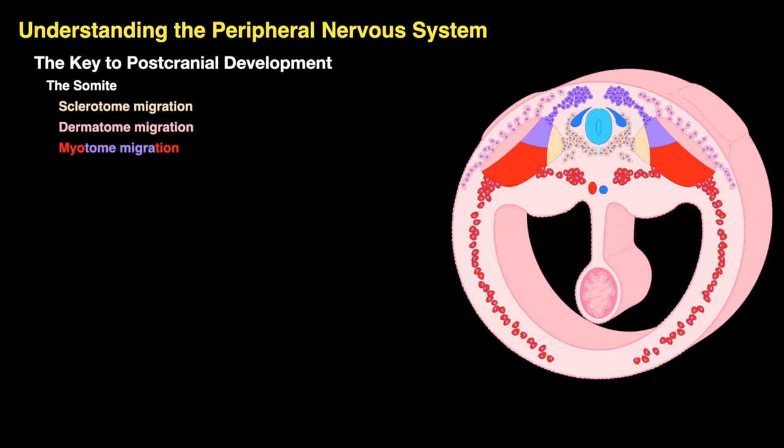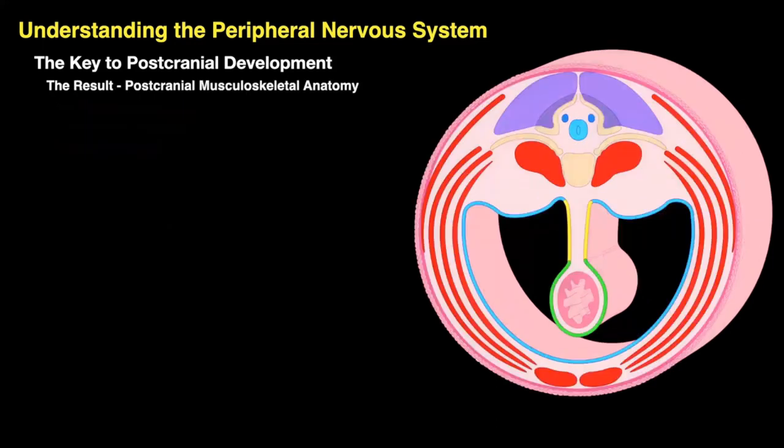Well, let's look and see as these cells migrate and start to differentiate, they start to form a segmental pattern of bone, muscle, and skin. So the sclerotome migrates out, and it's going to become the body of the vertebrae, the arch and transverse spinous process of the vertebrae, and the rib elements.